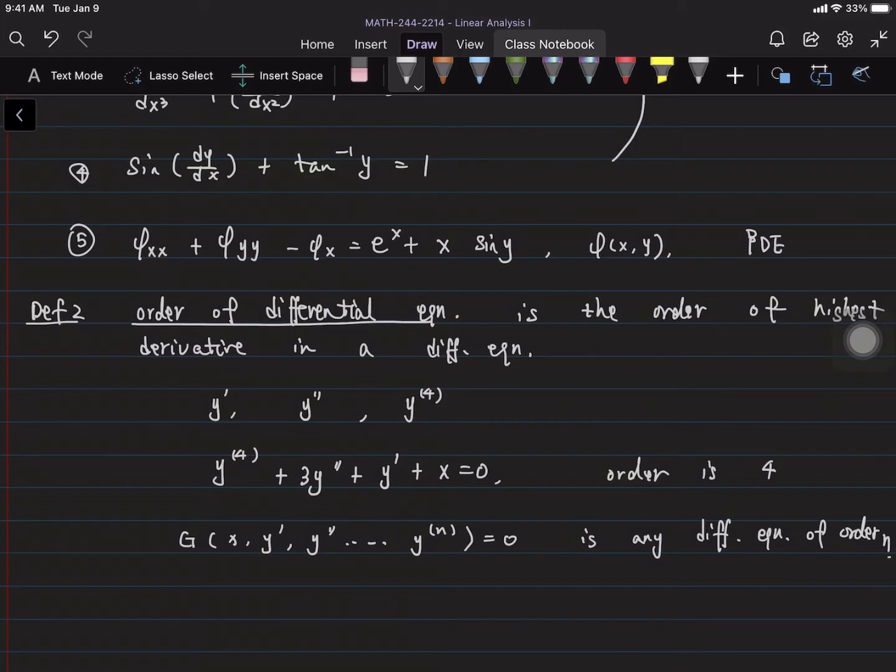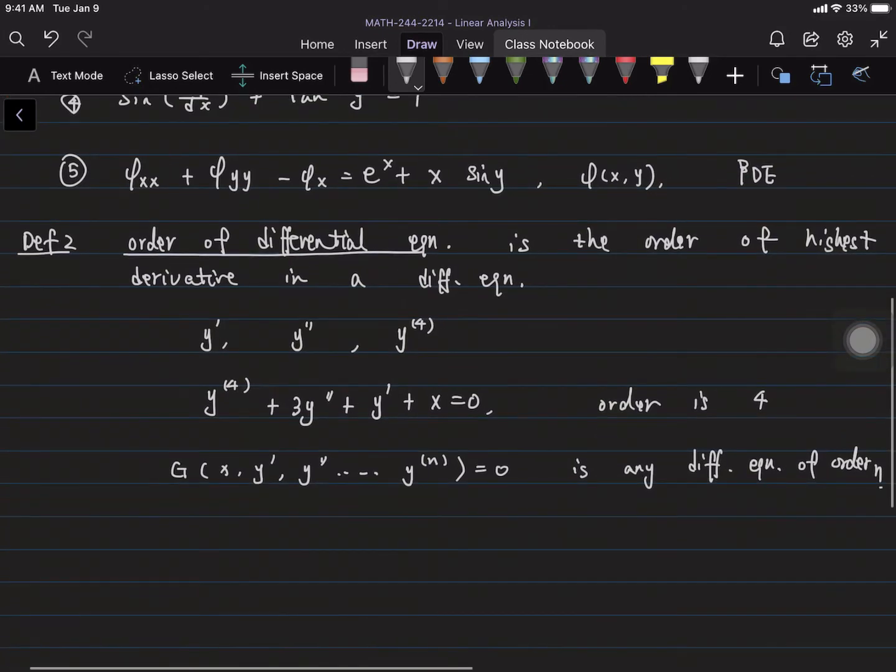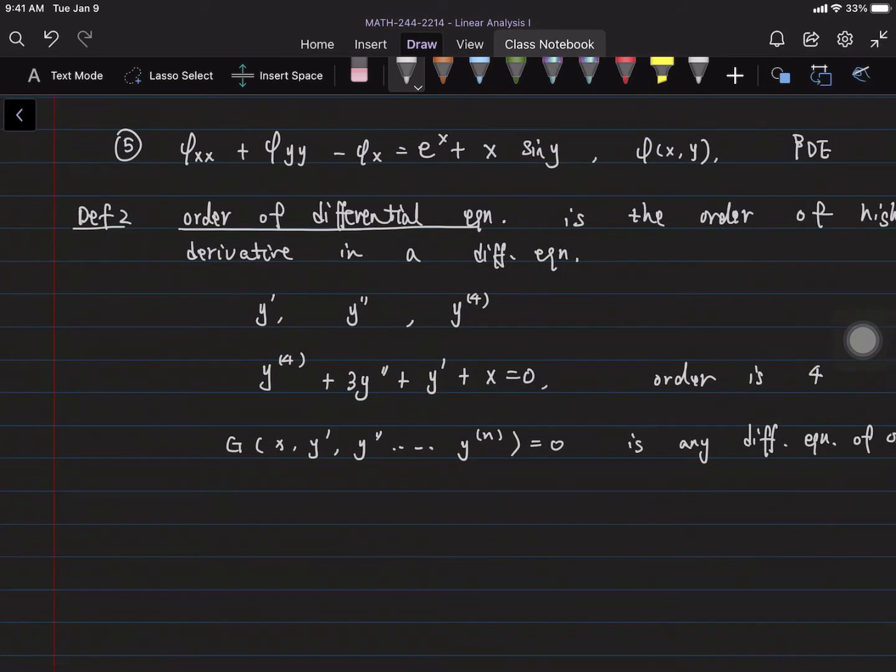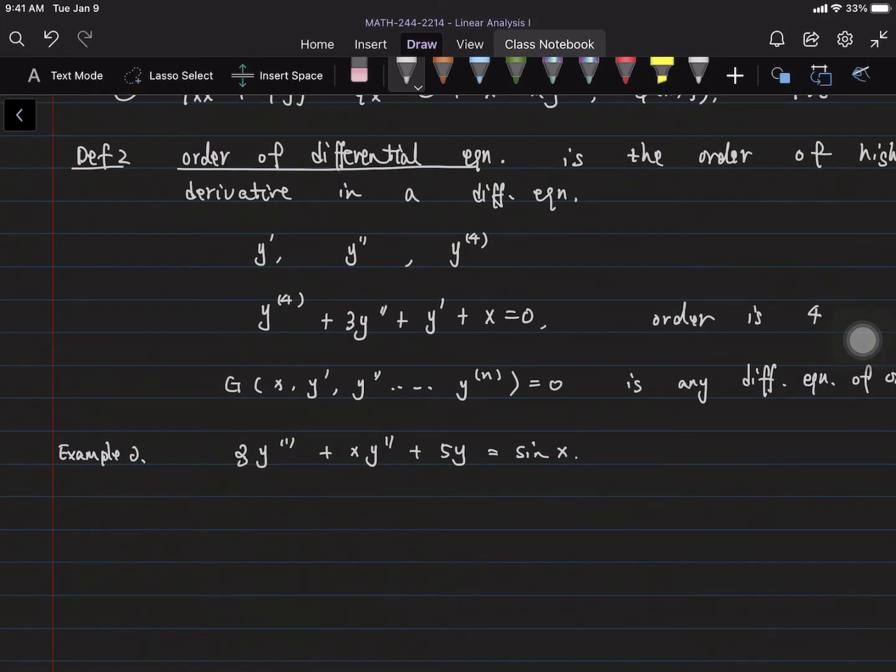So here's just a definition. Don't worry too much. Let's take a look at this one. We can say this is example 2. Let's take a look at this differential equation. This is a differential equation of order 3, right? So we call that a third order differential equation.